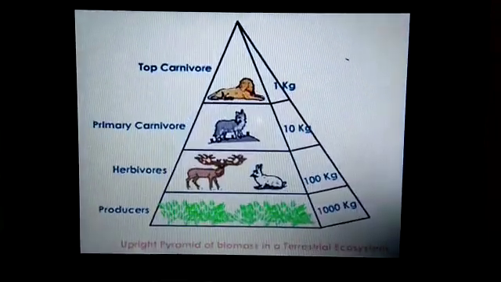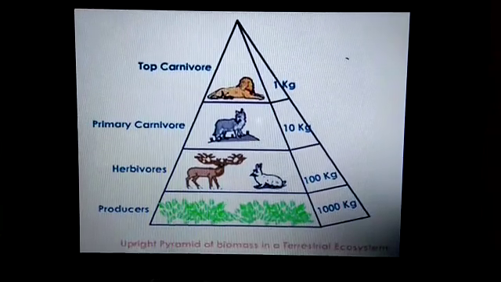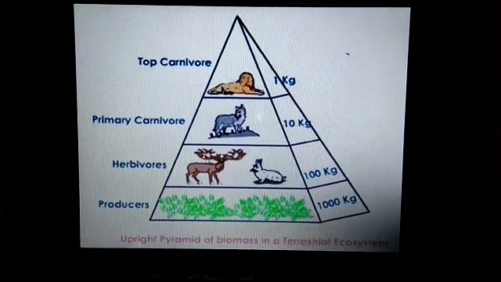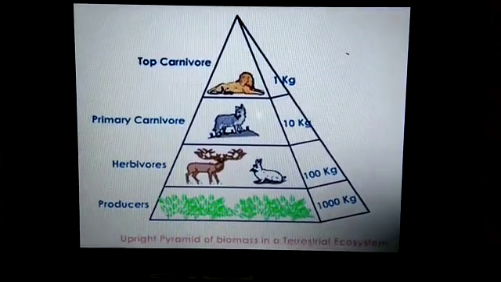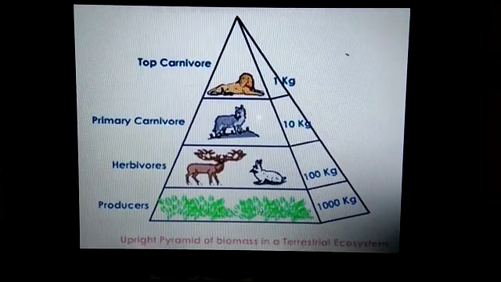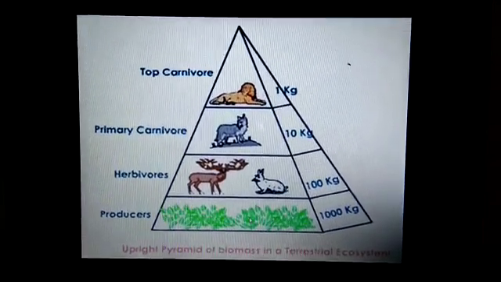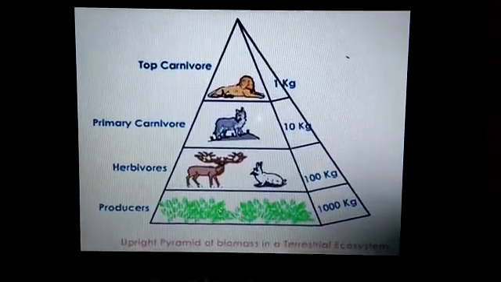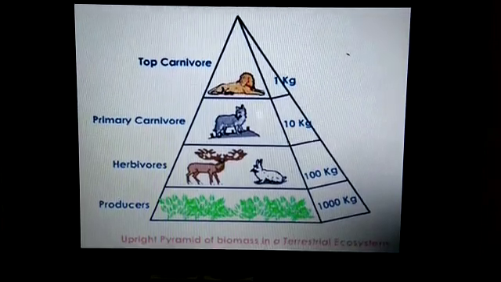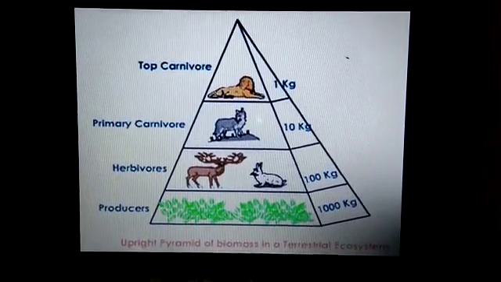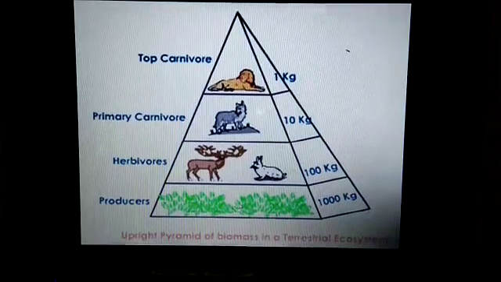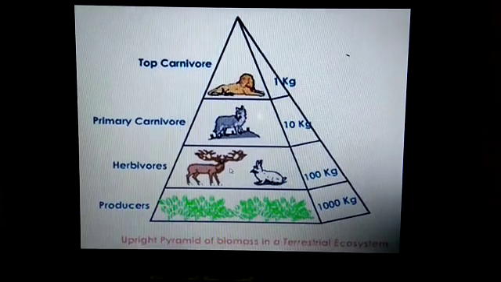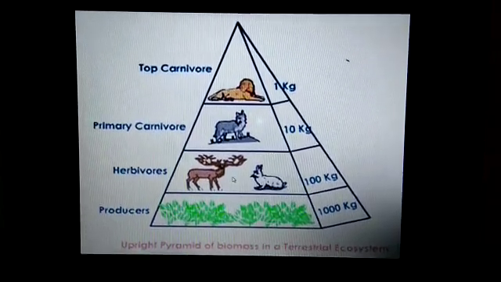This definition will be very clear with this example. This is a pyramid, as you can see here, and at the producer level it contains a large number of plants. Similarly, if we talk about weight, plants have a higher mass as compared to the herbivores, and the herbivores which eat these plants definitely have a lesser mass.